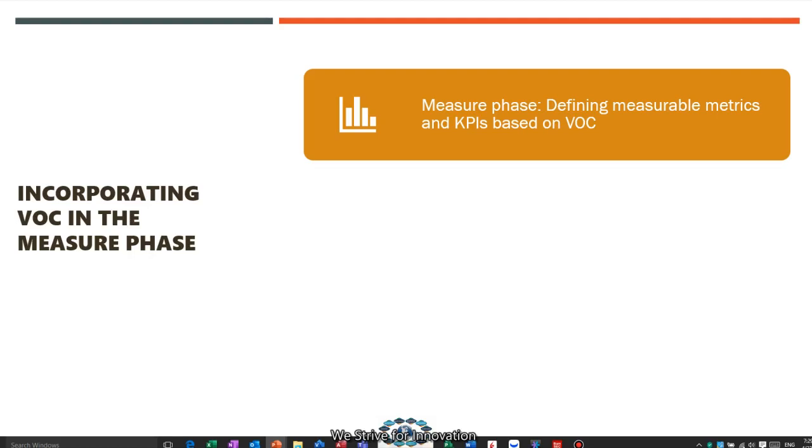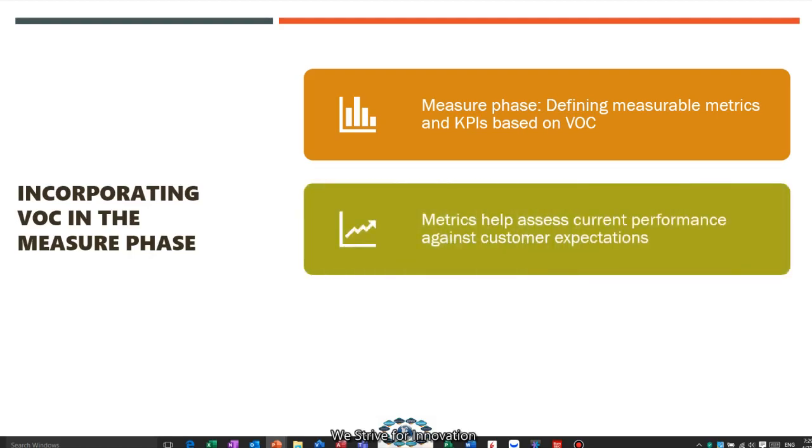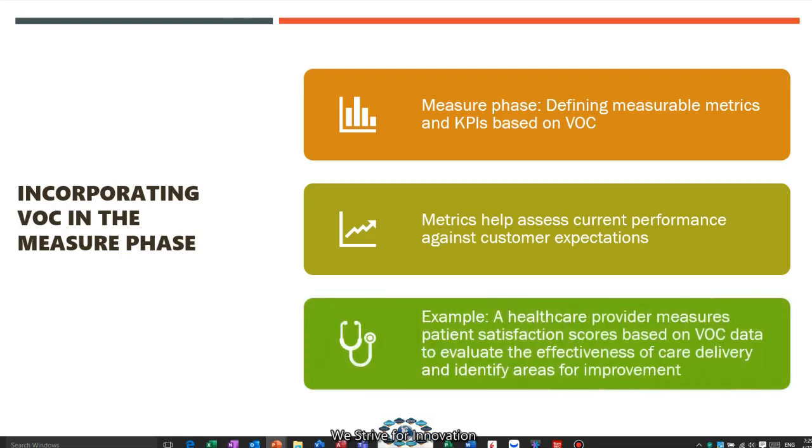Those metrics will help you assess current performance of the process against customer expectation. Example, let's say a healthcare provider measures patient satisfaction based on voice of the customer data to evaluate the effectiveness of care delivered, and this way they can identify areas of improvement.